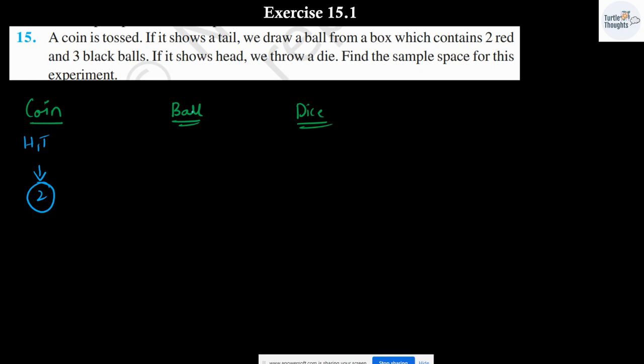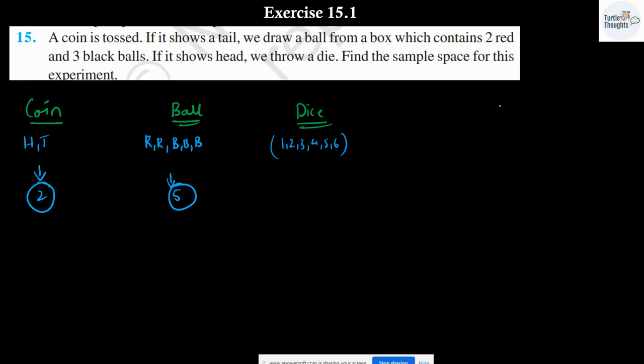Whenever you are drawing a ball, what are the possible outcomes? There are two red balls and three black balls. So I will be writing R R B B B. These are the possible outcomes. So 5 is the sample space. For the die, it is going to be 1, 2, 3, 4, 5, and 6.